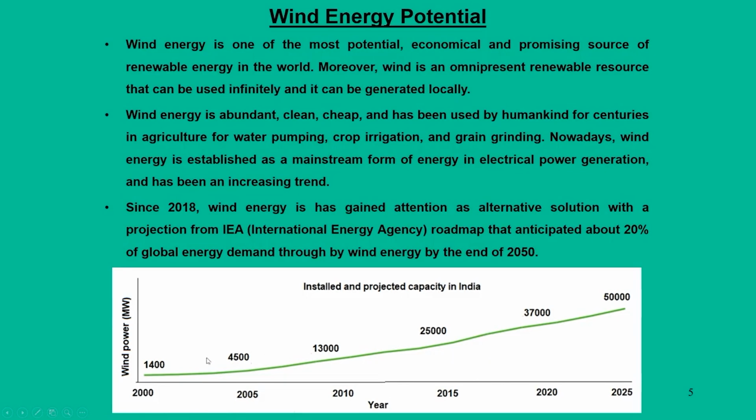So, as you see in this figure, over the last 25 years, there is a steady growth in the requirement of wind energy as a supplement for other resources of energy. The steady growth shows that wind has a tremendous potential in supplementing the main or primary energy resources.